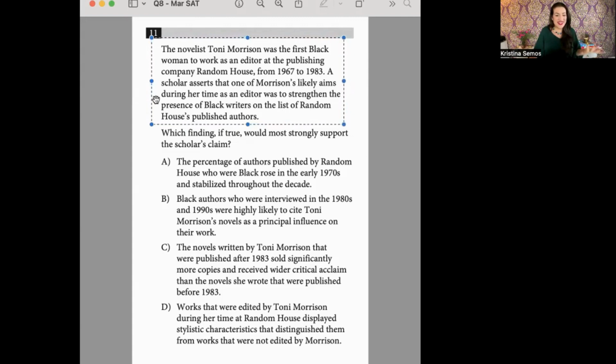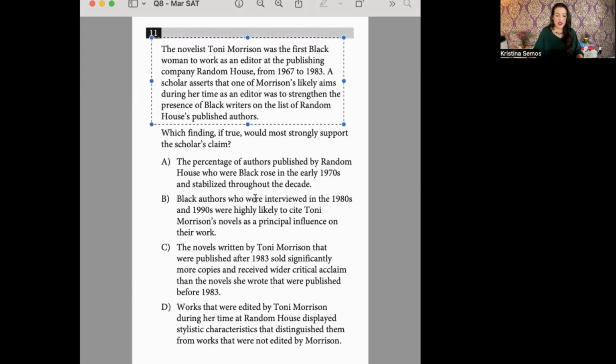So basically, the claim here, the scholar's assertion, is that Toni Morrison was using her newfound position of power in the publishing world to help lift up other Black writers and hopefully get more of them published, because it literally says strengthen the presence of Black writers. So I imagine help publish more Black writers.